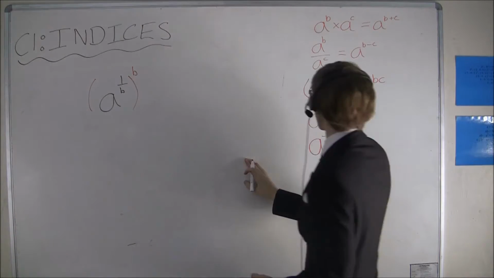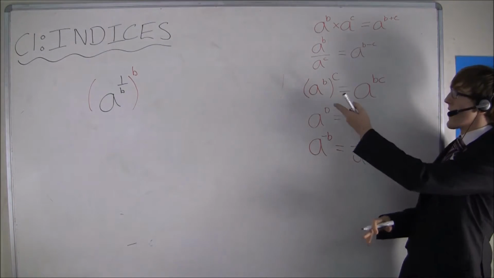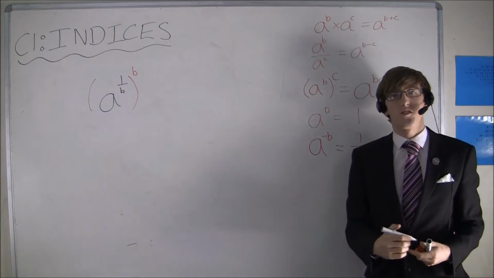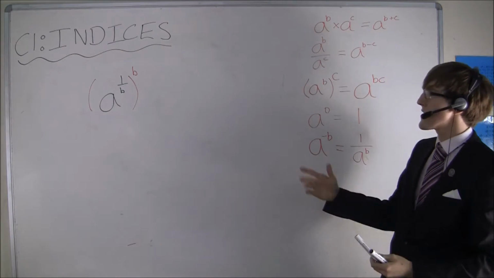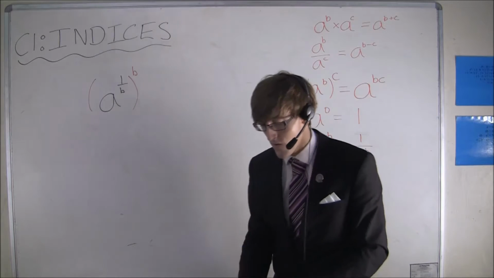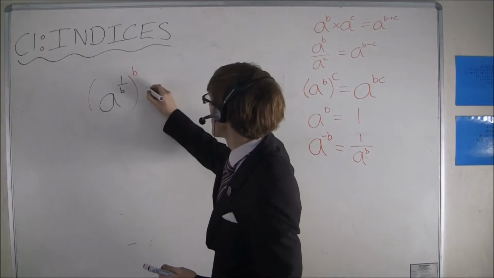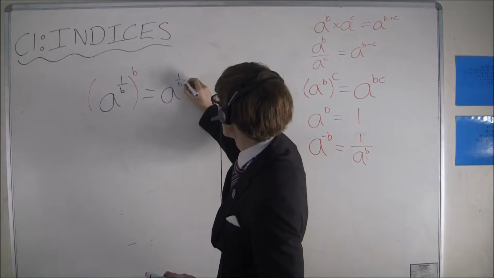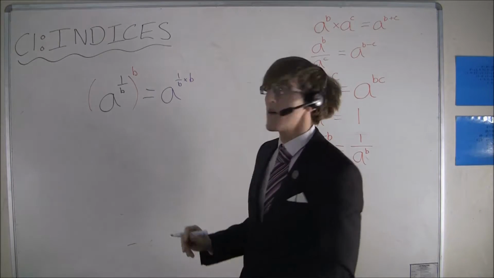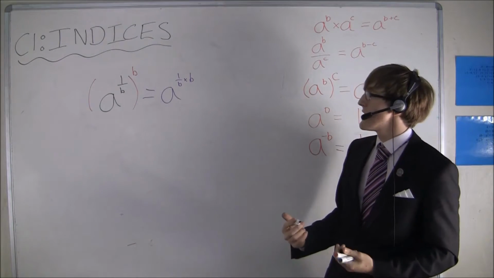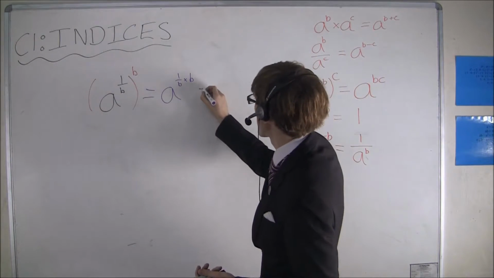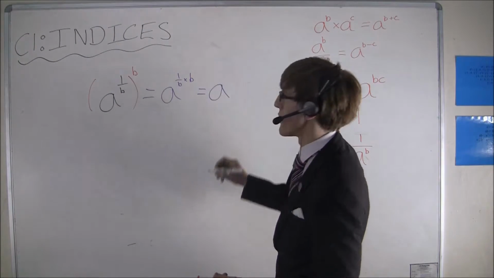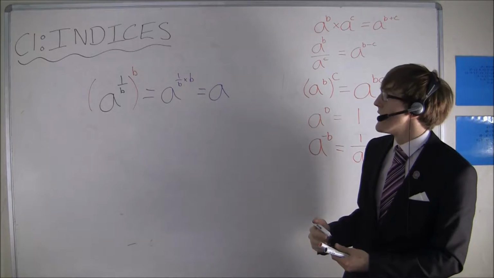Then, according to our rule here, that a to the power of b all to the power of c equals a to the power of bc, we can see that this is equal to a to the power of 1 over b times b, and 1 over b times b is just equal to 1, so this is equal to a to the power of 1, which is just a.